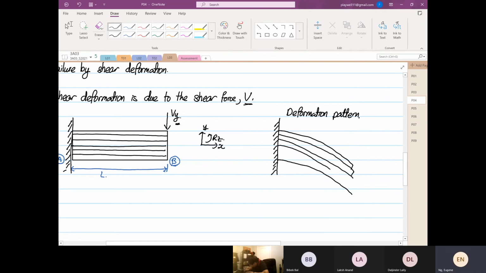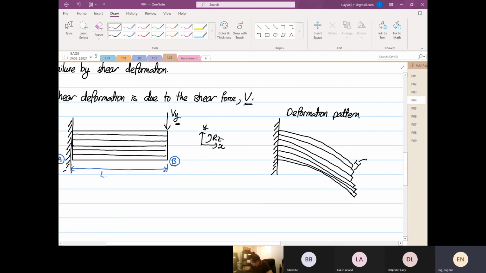You will observe that these layers that I've drawn can slip. You can call it a slip plane. What you observe down here is the slip is over here.